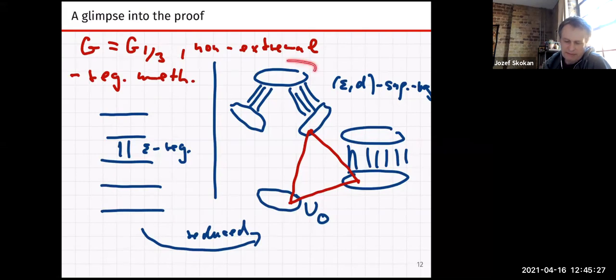And on every cherry like this, you use your embedding statement, and altogether this will give you covering of your perturbed graph by the triangle. Okay. And of course, the devil is in the details, and there are about 15 pages of the details. I think for the glimpse, this is probably good enough. All right.